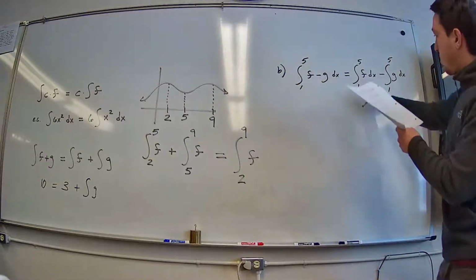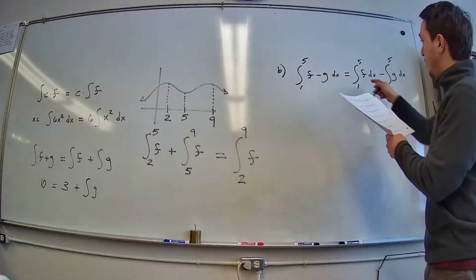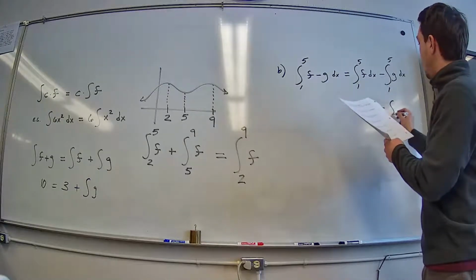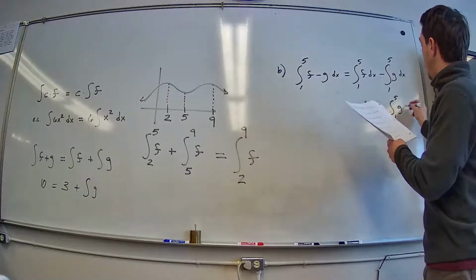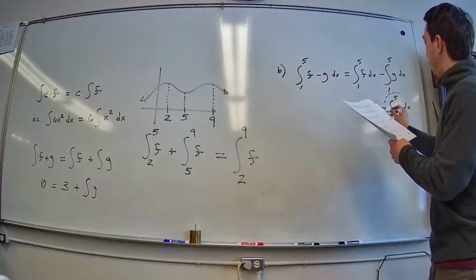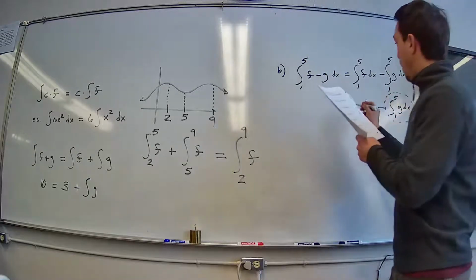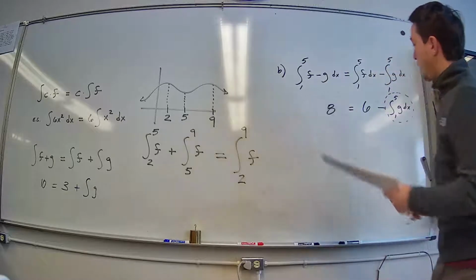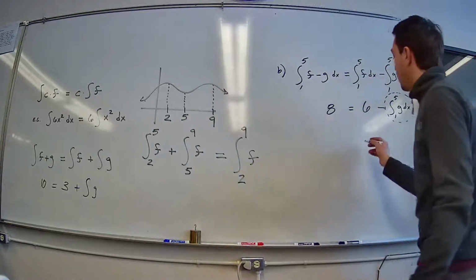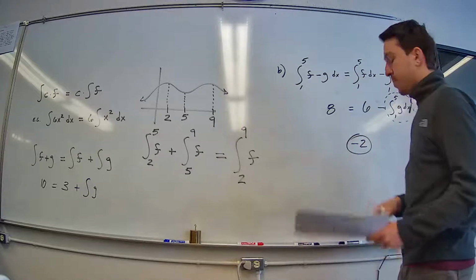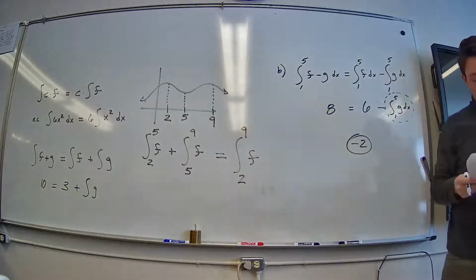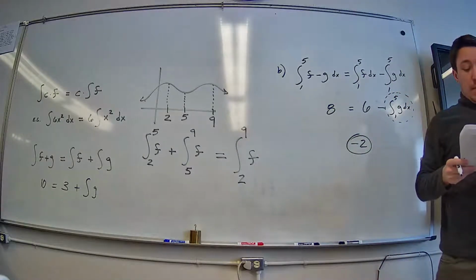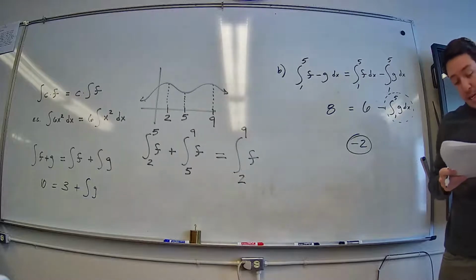So they're telling us that this one was 6, so this guy contributed 6. This is the thing we're solving for, and this whole thing over here was 8. So what's the answer? Negative 2. Okay. And then look at C.